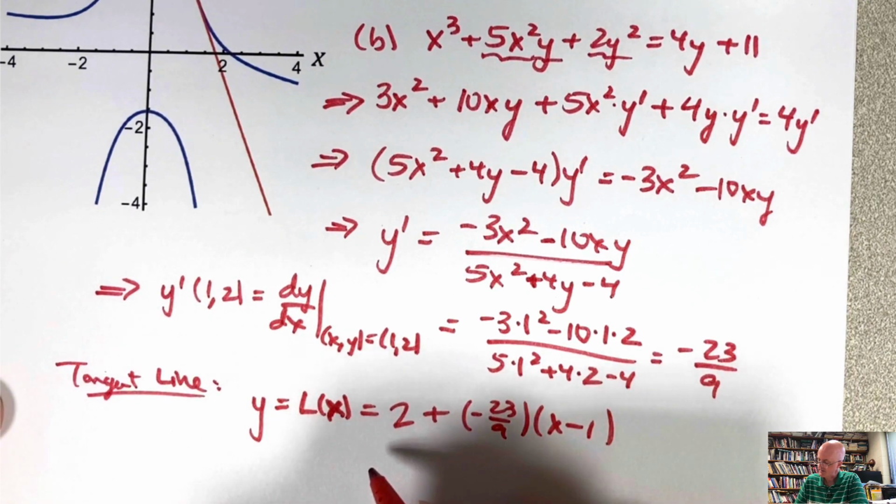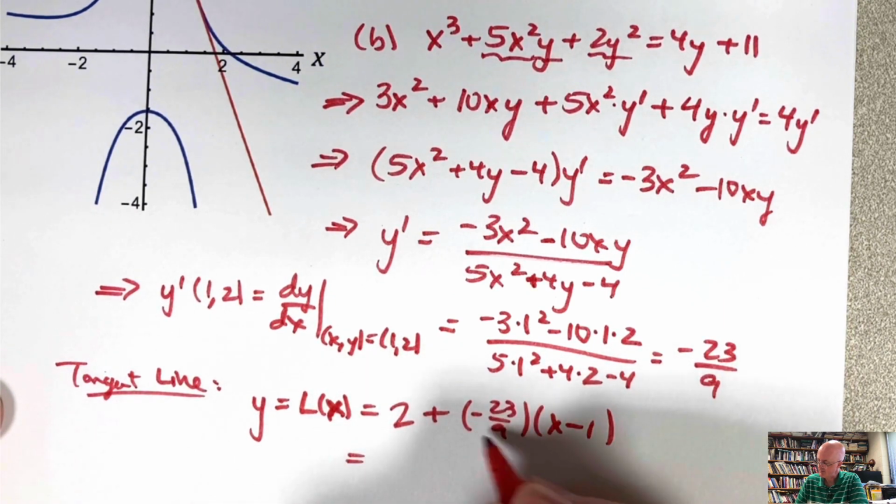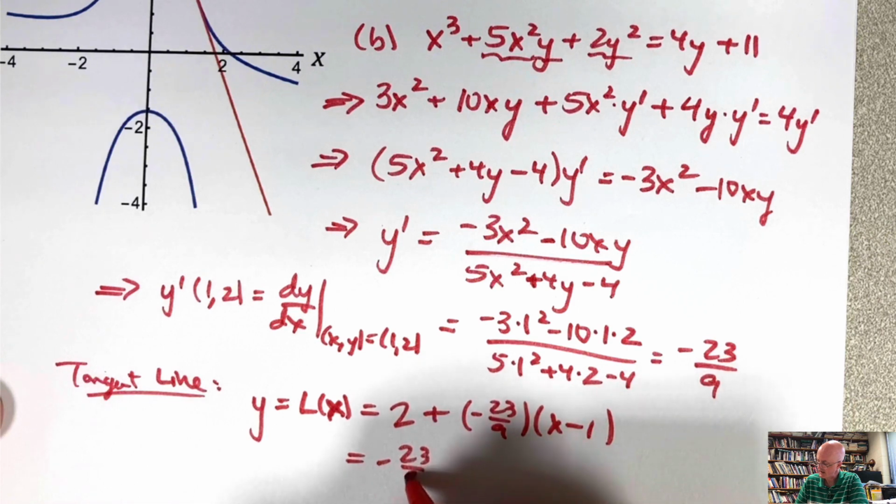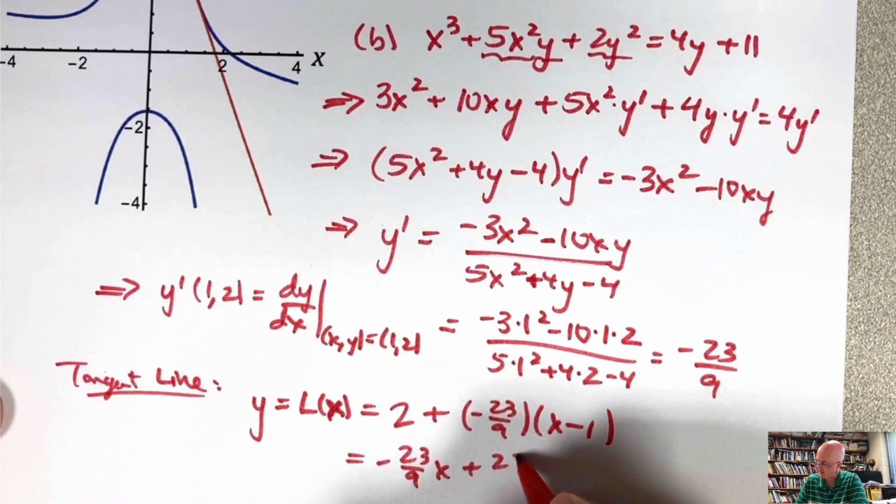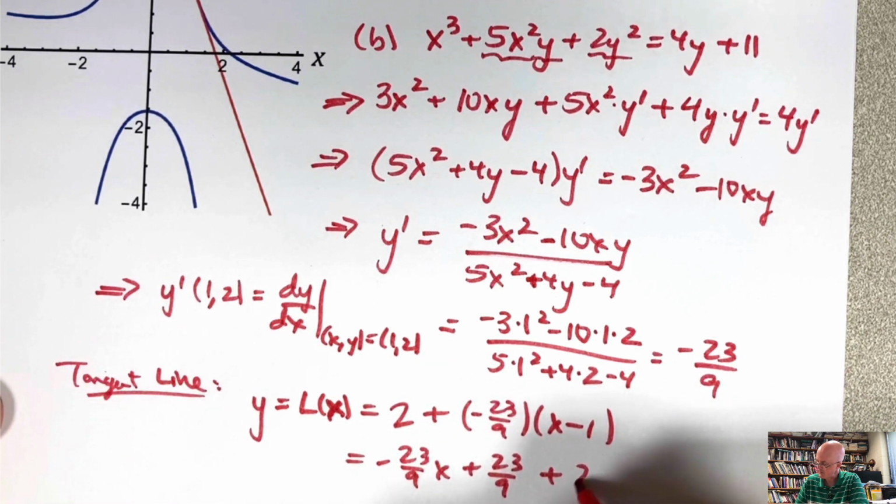So this becomes, if you simplify it, multiply that through, negative 23 over 9 x plus 23 over 9, then plus 2. In slope-intercept form, it's y equals negative 23 over 9 x. 2 is 18 over 9, so it looks like we get plus 41 over 9.